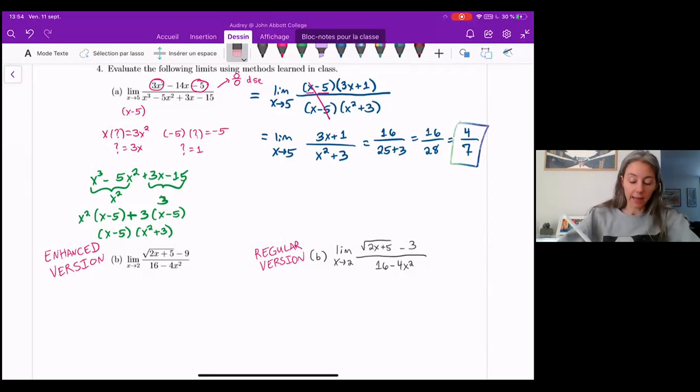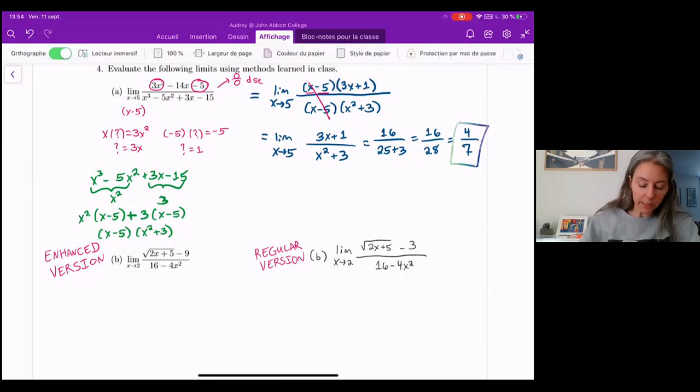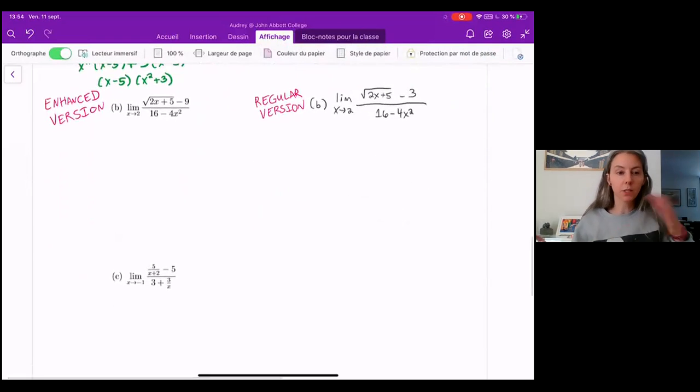Now, next. In the next question, it was different depending on if you're in my enhanced class or my regular class. I'm going to do both problems because they're both really useful, and so that way you guys can see what's happening with both of them.